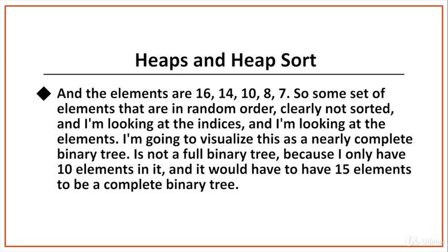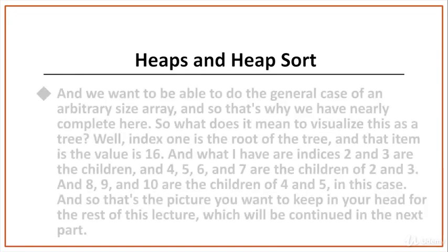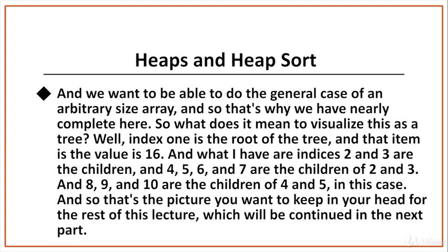I'm going to visualize this as a nearly complete binary tree. It's not a complete binary tree because I only have 10 elements in it. I would want to have 15 elements to be a complete binary tree. And we want to be able to do this in the general case of an arbitrary size array. So that's why we call it nearly complete.